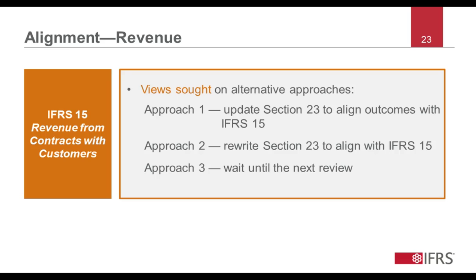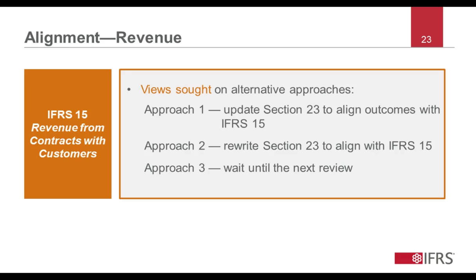So this is that third question where the board is asking for further information, and the board has outlined three possible approaches. The first approach would be to try and align Section 23 of the IFRS for SMEs standard, so you would get the same outcomes as IFRS 15. This would probably involve moving some of the guidance that's in the SMEs standard around, bringing some of the application guidance into the standard itself, but not rewriting the standard completely.